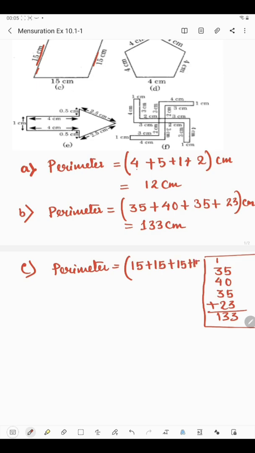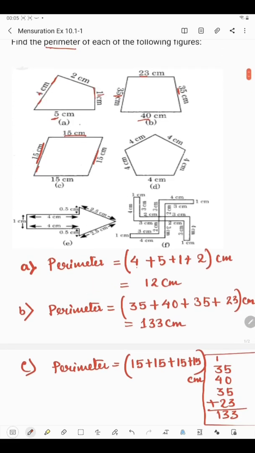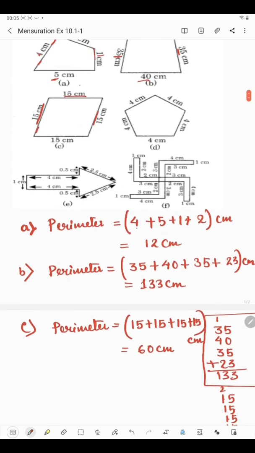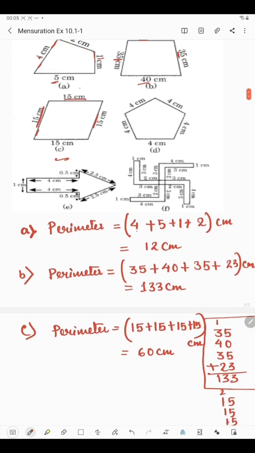By adding also we can find this. 15 plus 15 plus 15 plus 15. Here 5 plus 5 is 10, 10 plus 5 is 15, 15 plus 5 is 20, 0, 2 carry, 2 plus 1 is 3, 3 plus 1 is 4, plus 1 is 5, plus 1 is 6. So it's 60 centimeter. The perimeter of figure C will be 60 centimeter.